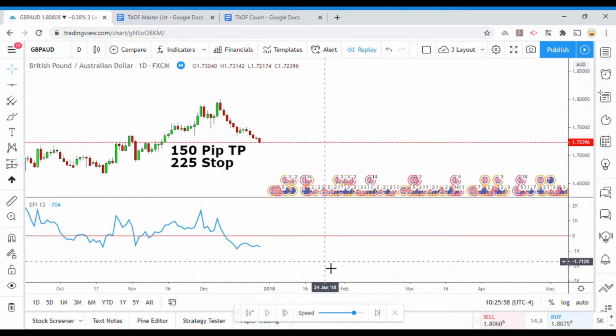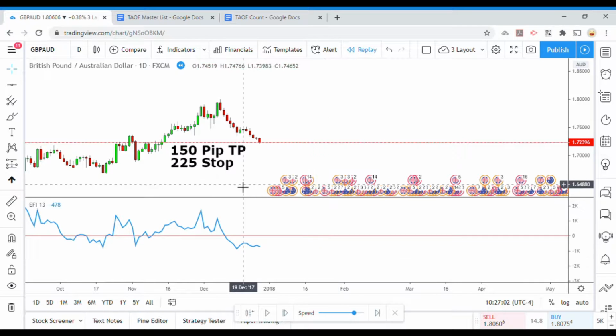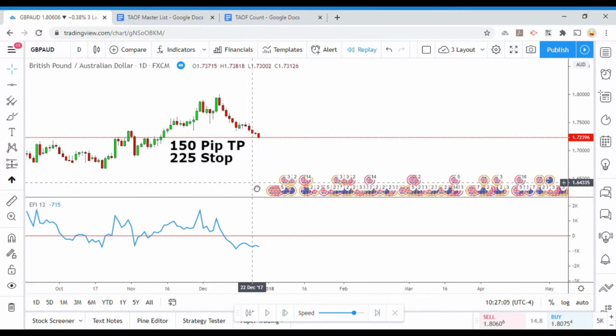So, as I said, today's indicator will be the Elder Force Index. The Elder Force Index was created by Alexander Elder, and it is basically an oscillator that measures the force or power behind the movement of the price above.